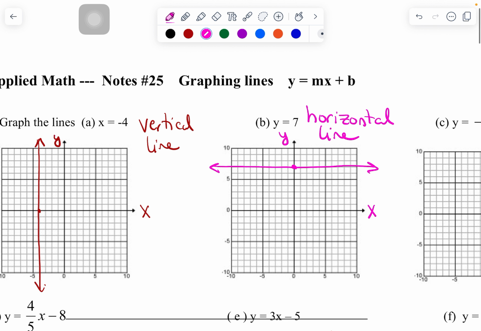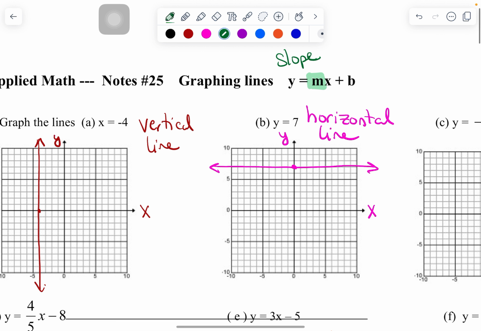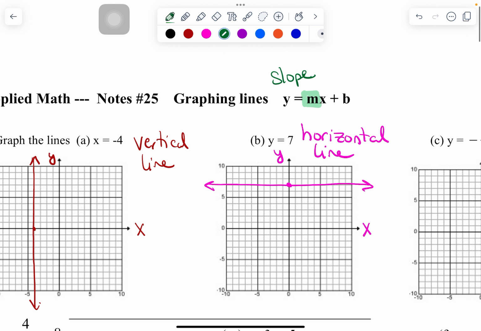Now, I'm going to zoom up to here and look at this equation. So it says graphing lines y equals mx plus b. Love this format. This is what's called the slope. So m is slope. Yes, I know the word slope does not have m in it, and I didn't name it. So that's going to be slope, which is also the same thing as rise over run.